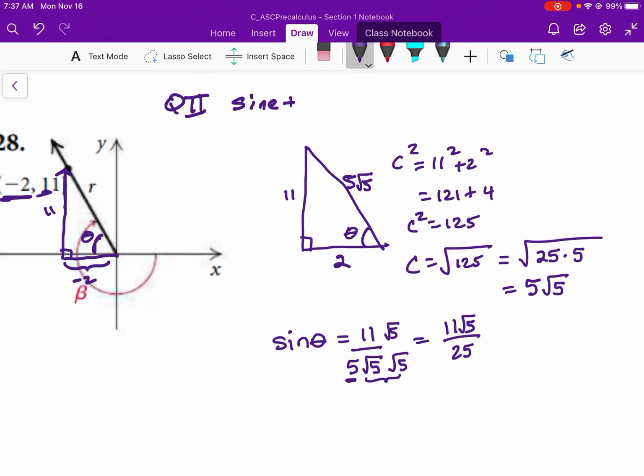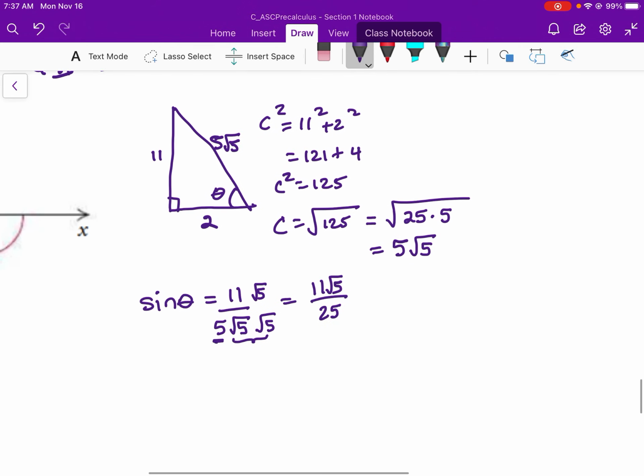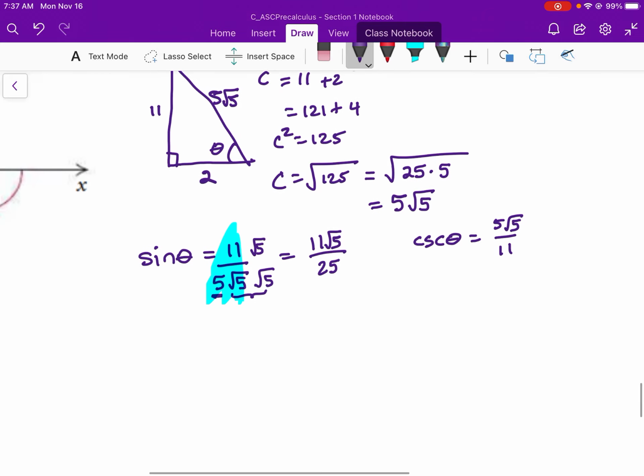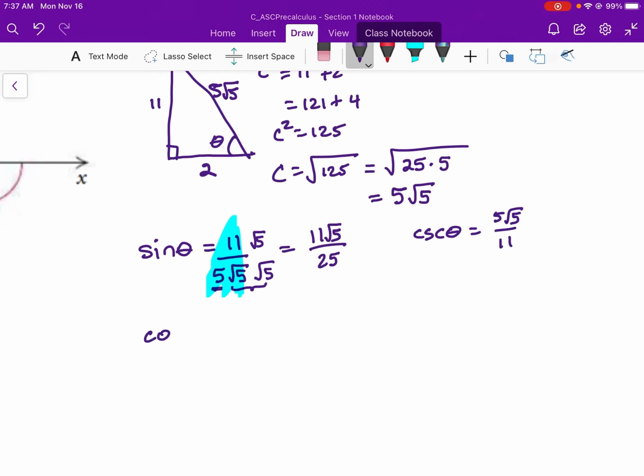These two together make 5. 5 times 5 makes 25. And then the reciprocal of sine is cosecant. And I'm going to go back to the original here, this part right here. And I'm going to flip that, and it's going to be 5 radical 5 over 11. And it's also positive because sine was positive.